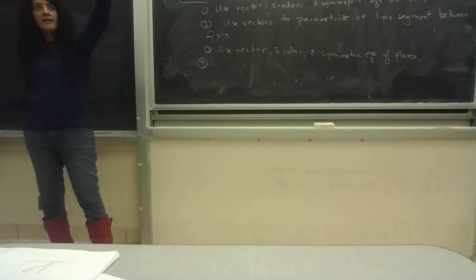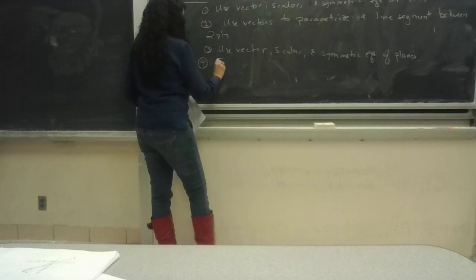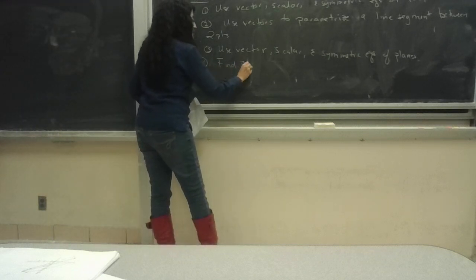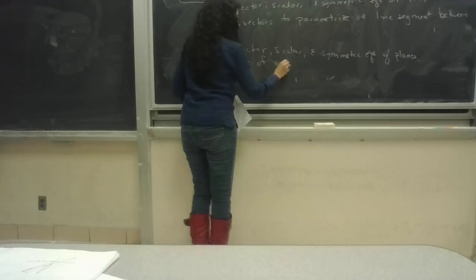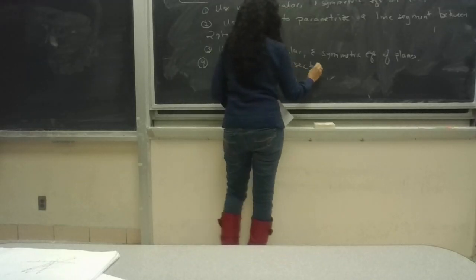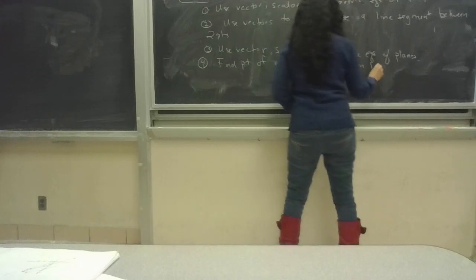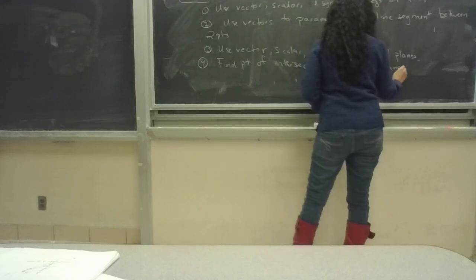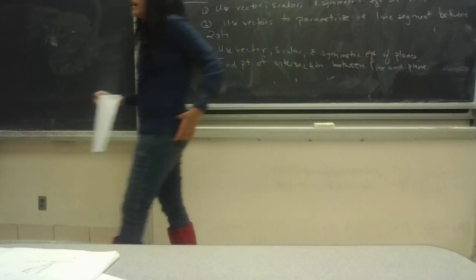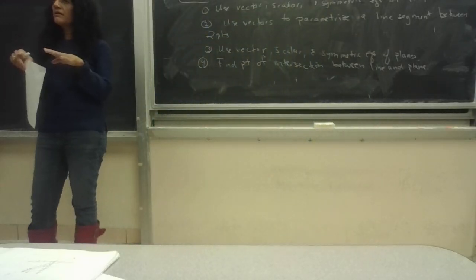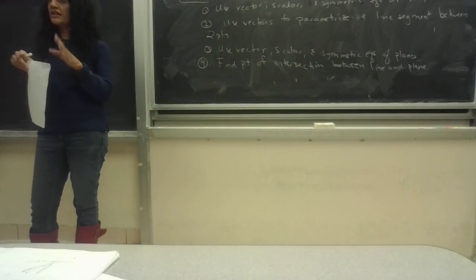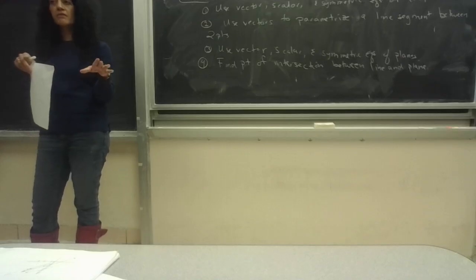Here's a plane, a line, find that point of intersection. Things become complicated in 3 dimensions. If you have two lines and they are not parallel and they're not the same line, they cross at a point. You've been doing that since you were little.